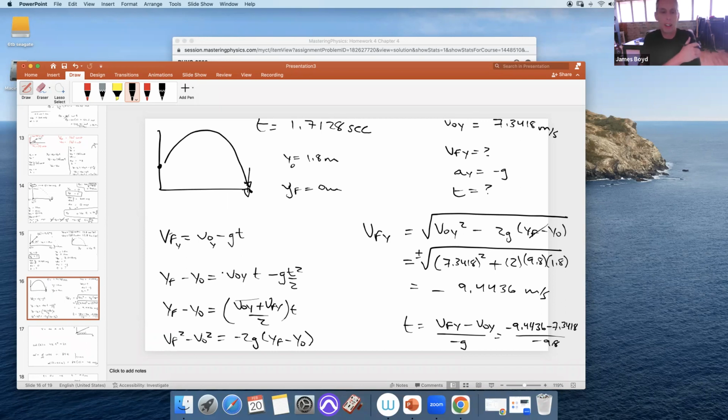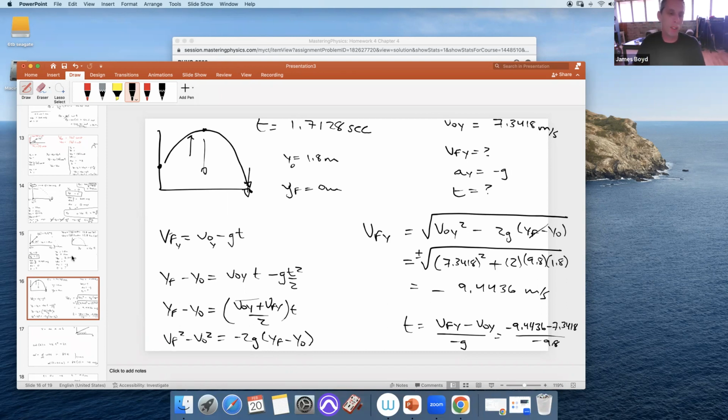In order to find it, you couldn't have used this. You either had to find V final and then use V final to get the time using one of them, or do this as a quadratic, or you could have found the time up and the time down. There are multiple ways to find that final time.